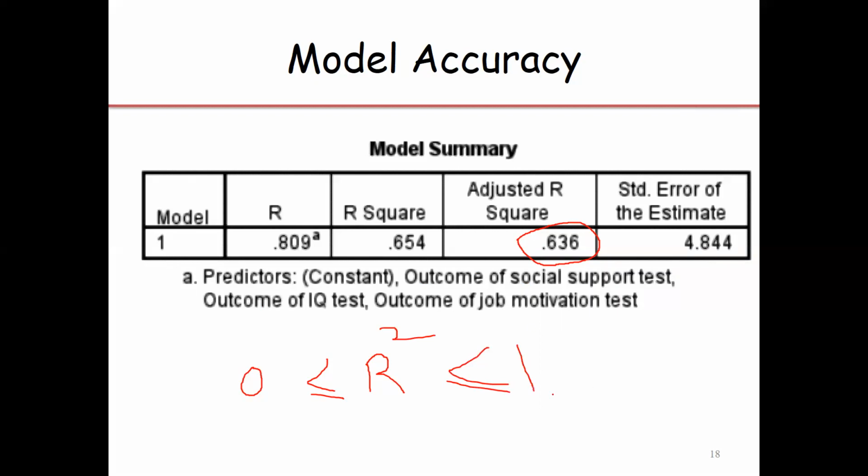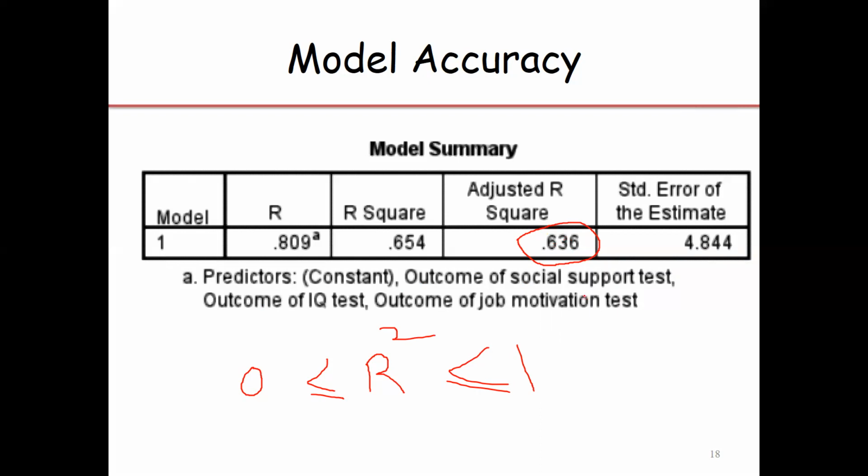A value closer to 1 indicates that the model is a good model, and a value of R square closer to 0 is an indication of a poor model. The model can be tested with the help of R square. Our model's adjusted R square is 0.636.